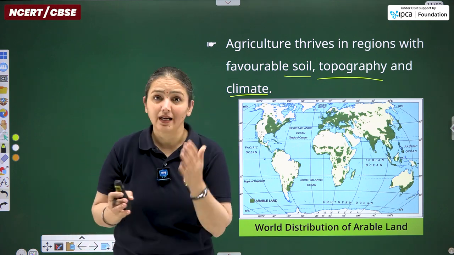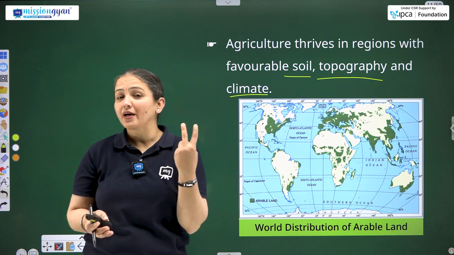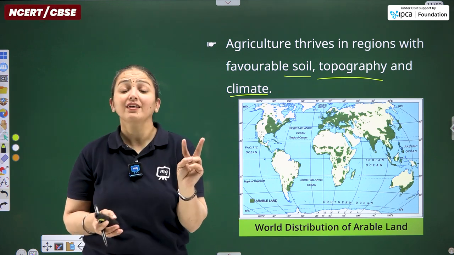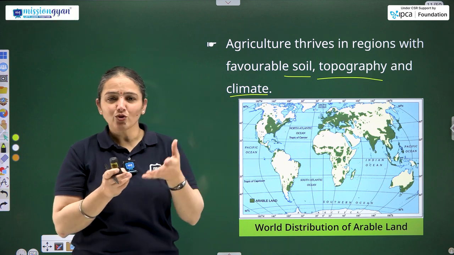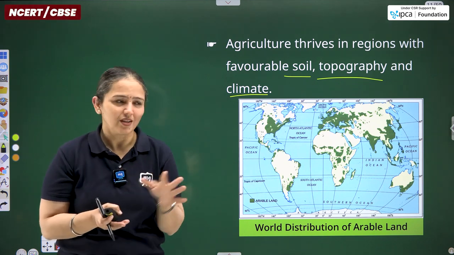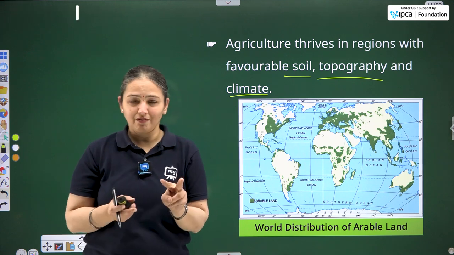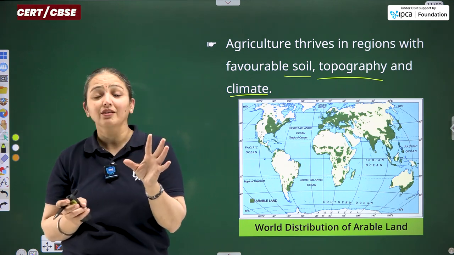Lastly, talking about climate, again a prominent feature, because climate comprises two basic factors. What are those? You should remember them. I have taught them in, I think, every chapter, at least once or twice. So climate comprises two basic factors or features, the way you want to pick the term.